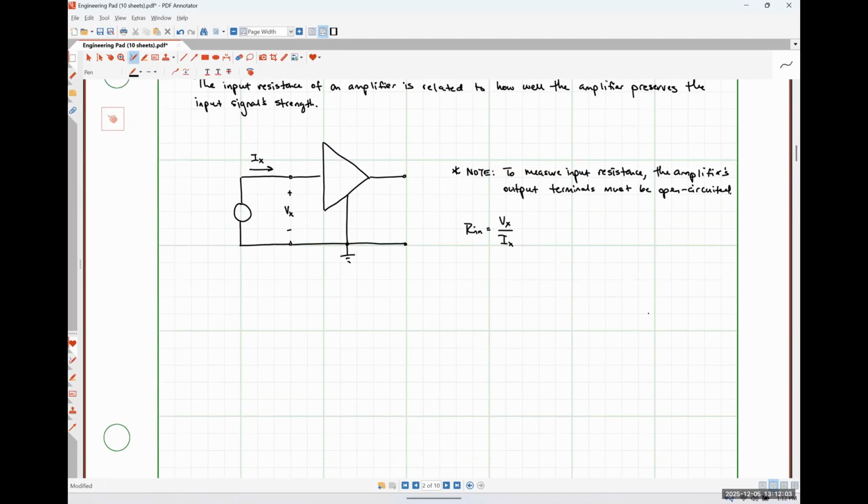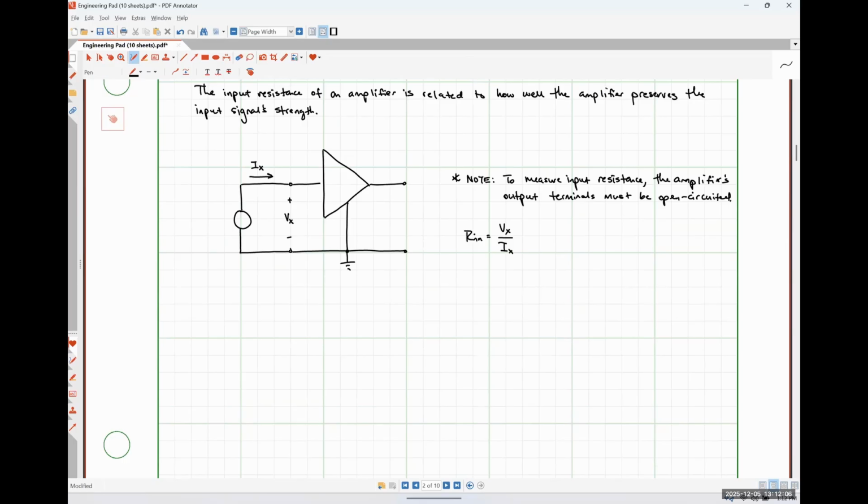The flip side of things is the output resistance of an amplifier. So the output resistance of an amplifier is related to how well the amplifier can drive a load.